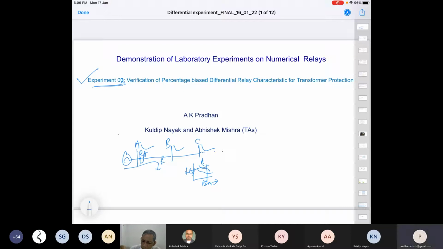The other one: if these line sections are, let us say, 100 meters or 500 or 200 meters, and this is, let us say, 100 meters. Now a fault here or a fault here, F1 and F2.